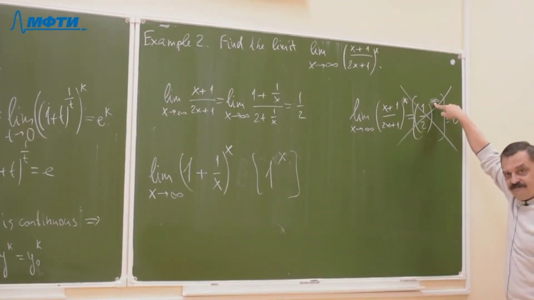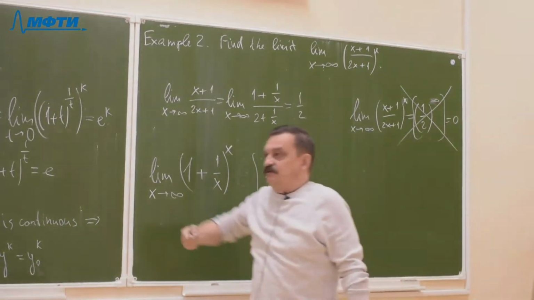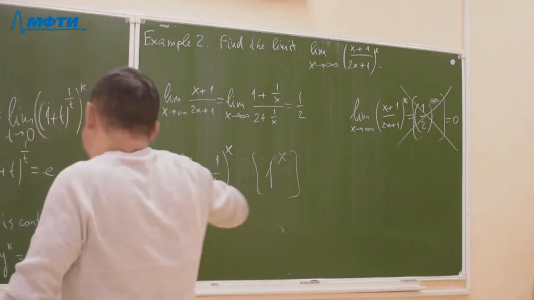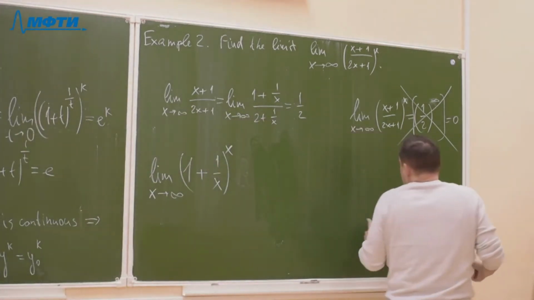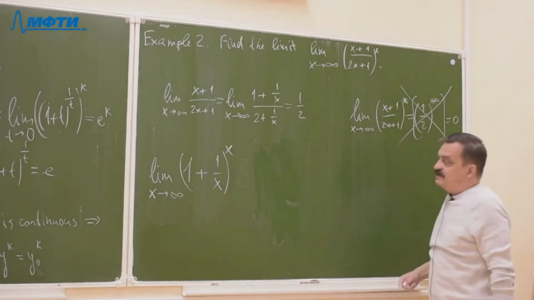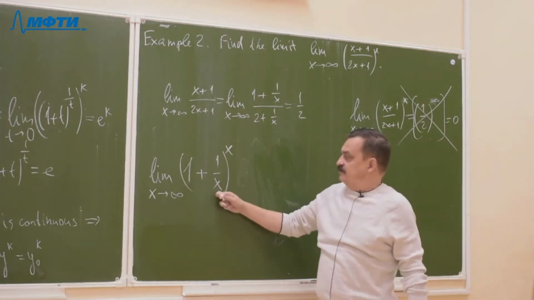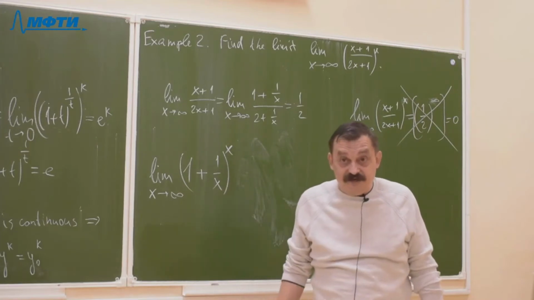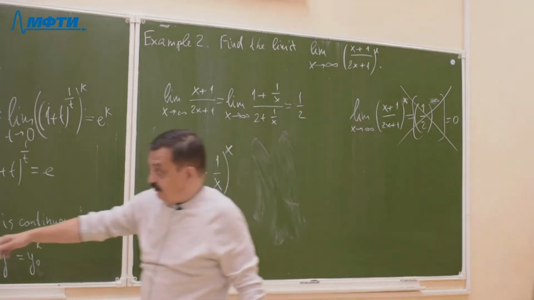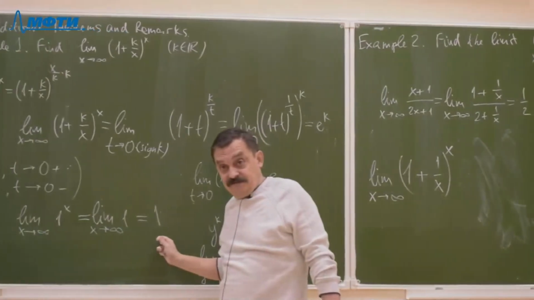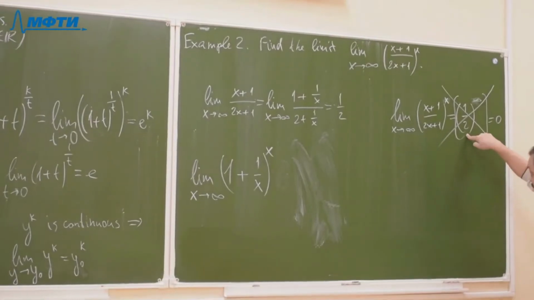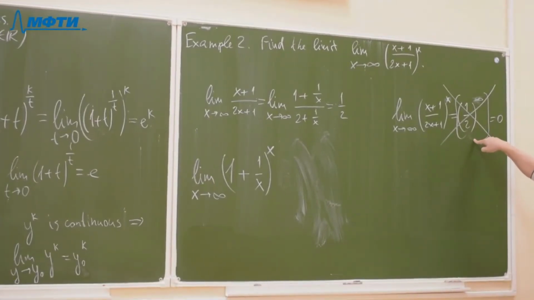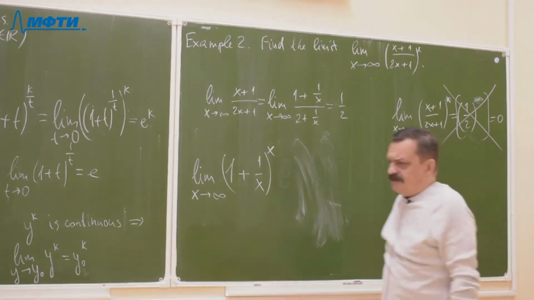So the type of limit 1/2 to power infinity is indeed 0. That's true. But because of that mixing, 1 in arbitrary power is 1. So I insist it should be forbidden from my point of view.